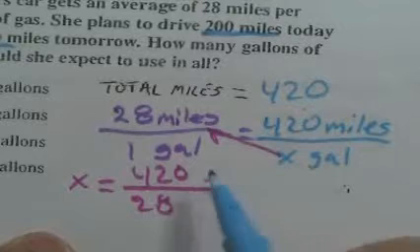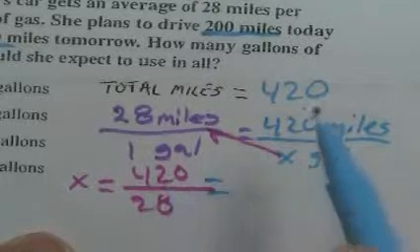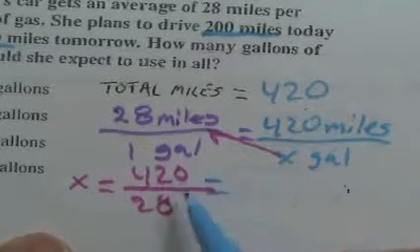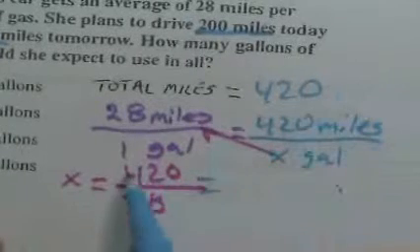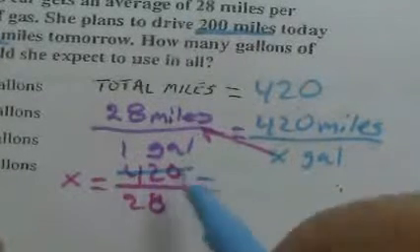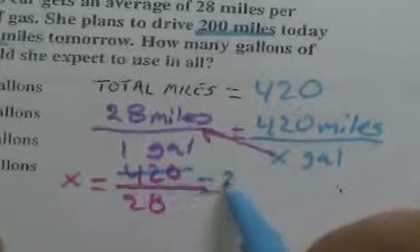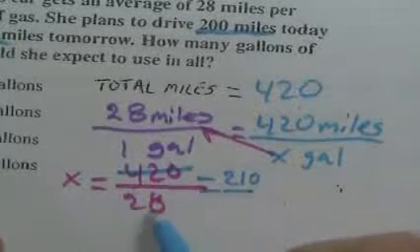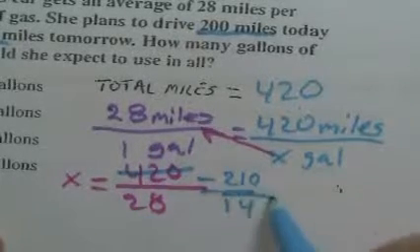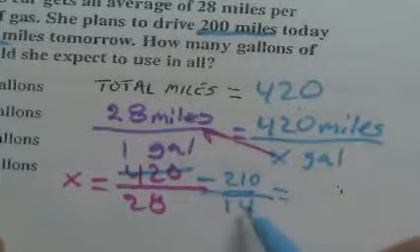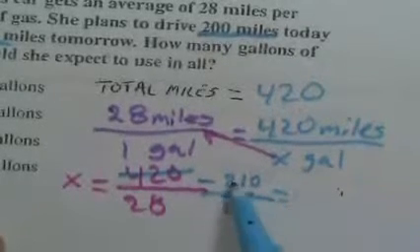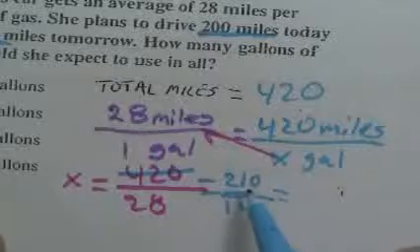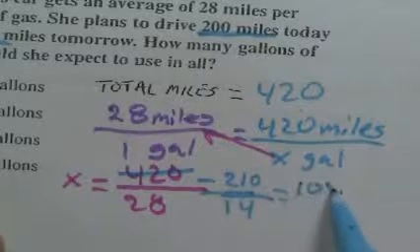Now I can just keep on reducing this. If you can't see how to divide it right away, go ahead and take half, because 2 goes into both of these. Half of 420 is 210. Half of 28 is 14. Now I know 2 will go into both of these, so I'll take half again. Half of 210 is 105.